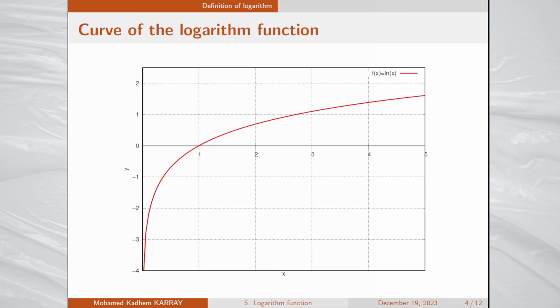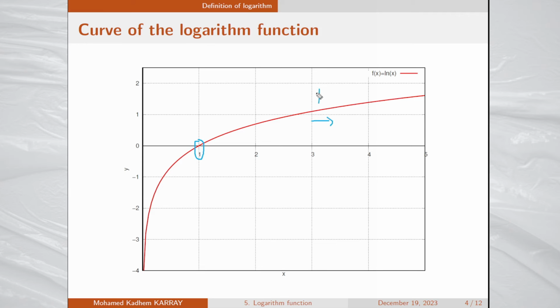So this is the curve of the logarithm function. Observe that the value of the function at point 1 equals 0. We can also keep in mind that as x goes to plus infinity, the function goes to plus infinity.